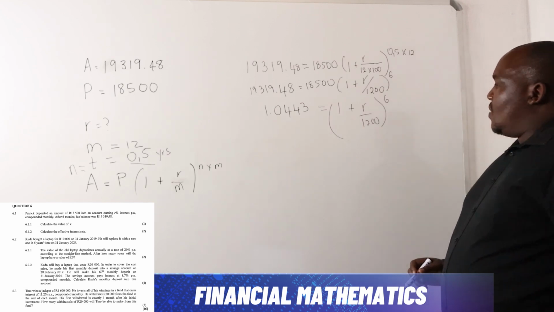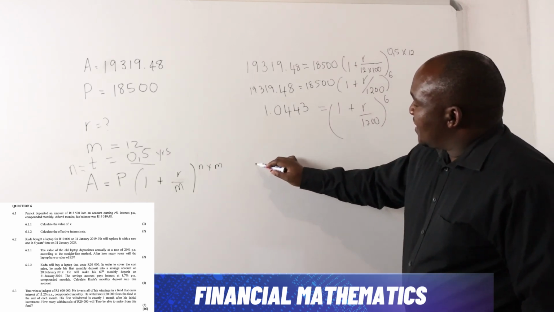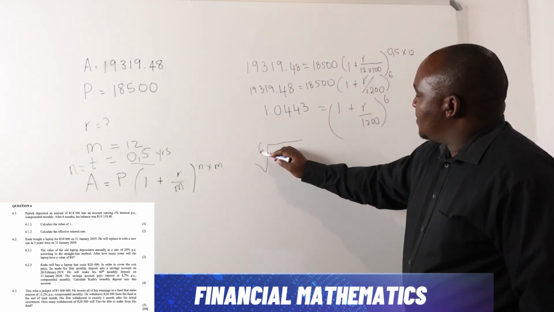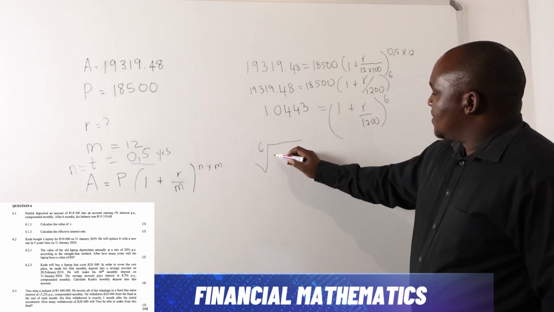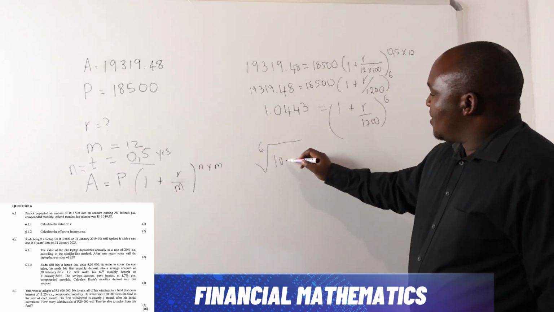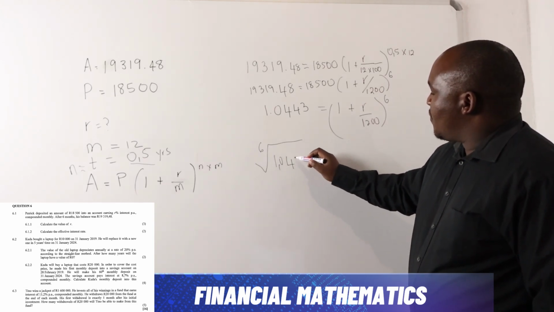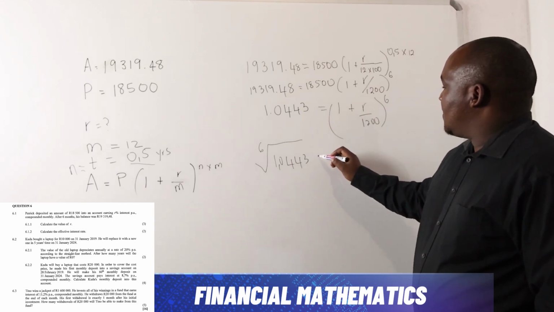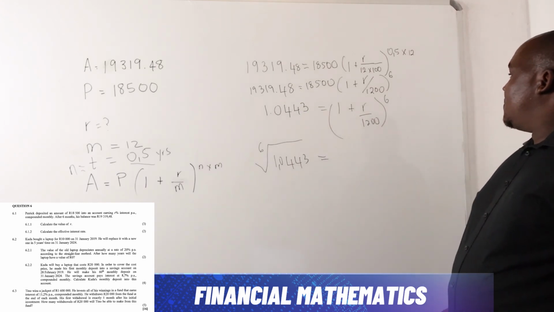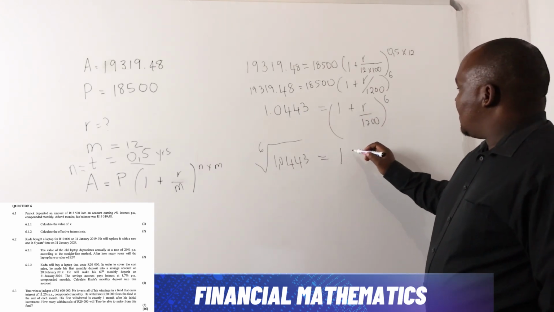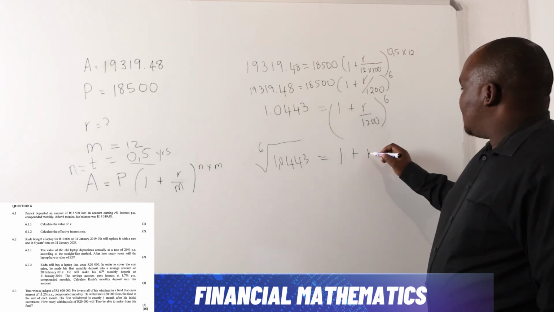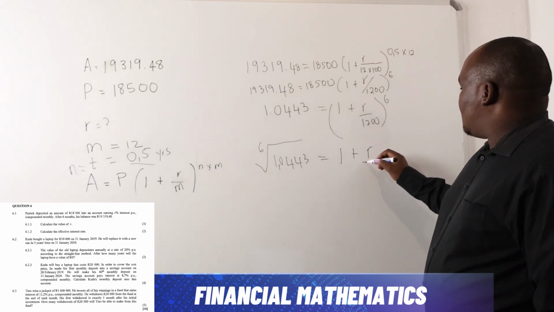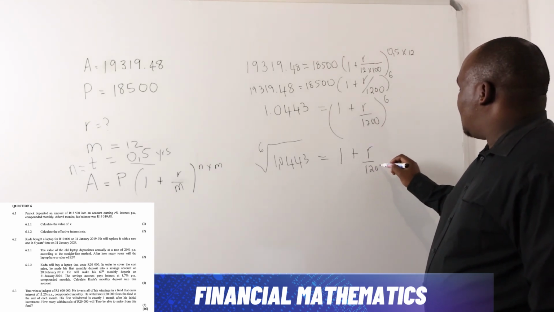Now, what we can also do is take the sixth root on both sides. Then you're going to have 1.0443 to the power of one sixth equals 1 plus R over 1200.